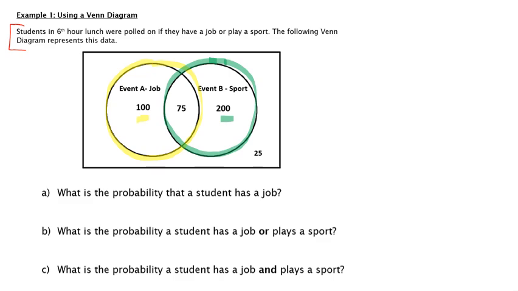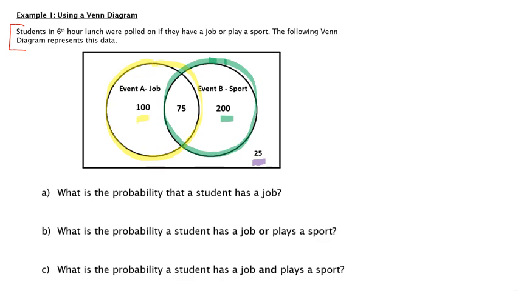One thing that's also a little different is this 25 that's just hanging out here. What that means is there are 25 people involved in the poll who didn't identify as falling within either category. They didn't have a job, they didn't play a sport, maybe there's something else.